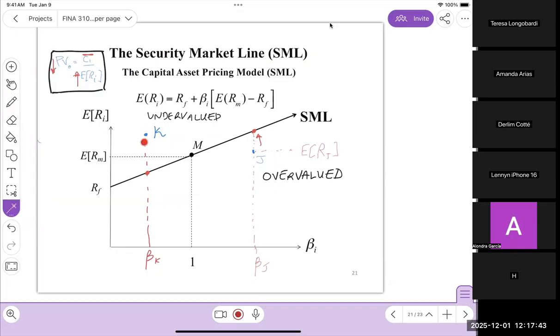And they'll rush to buy K. And the first investors buying K initially will get a price for it.